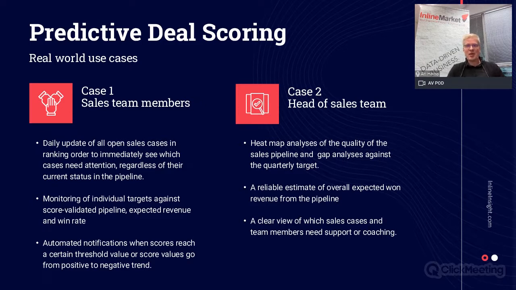Are there any gaps? Are we reaching our targets at the moment? How far away are we? Are we ahead of our targets? What is the estimated overall won revenue from the pipeline in the coming month, coming quarter, any time period that you want to look ahead, so you can get a good understanding of what you can expect from your sales pipeline.